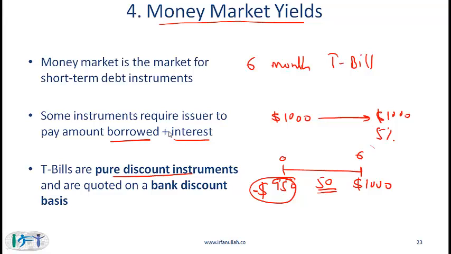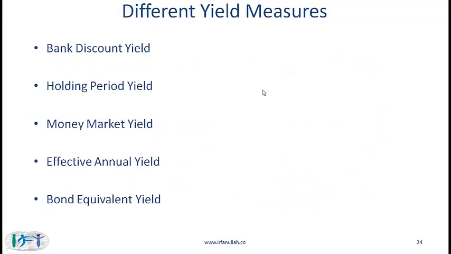So this would be an example of borrowed amount plus interest. In any case, the market where short-term instruments such as this trade is called the money market, and in this segment we will talk about the various kinds of yields that are used in this market.